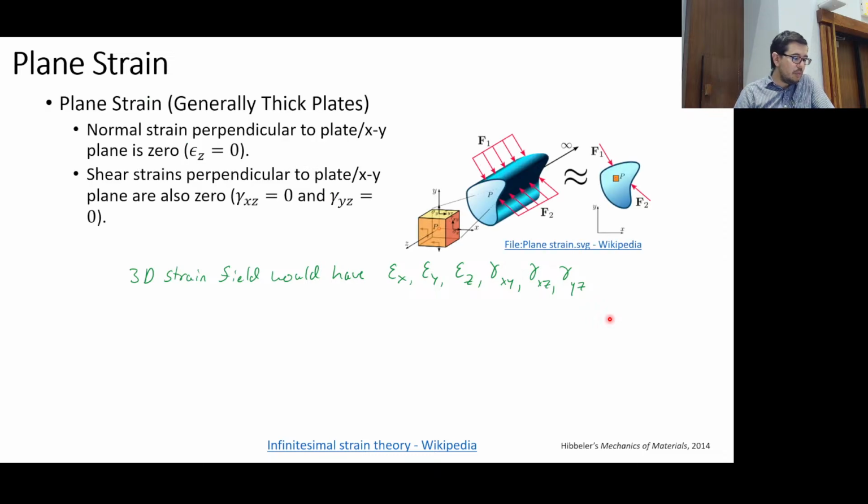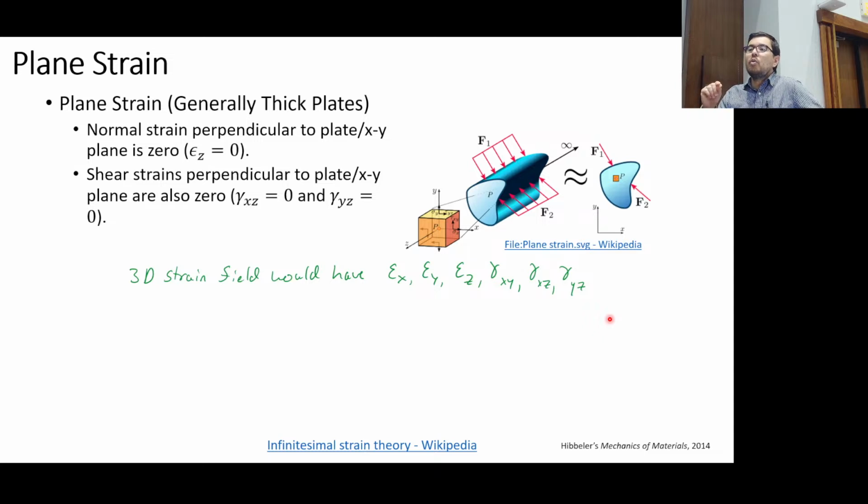Now, with plane strain, we're typically referring to situations where there are thick plates, okay? And we will take some liberties in going between the plane stress condition. If you recall, plane stress was typically for very thin plates, like the thin-walled pressure vessel. But when people talk about plane strain, you think, I've got a lot of thickness.